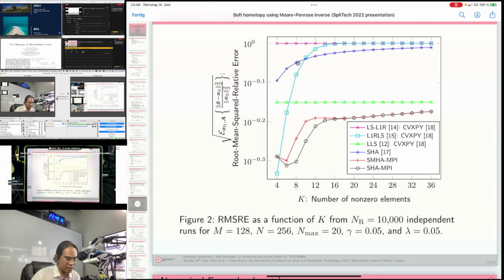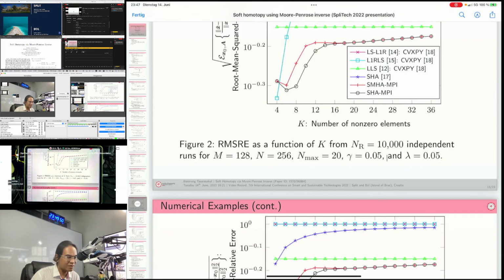Here, the blue one gets lower error, and this is the typical least squares criterion, and here are the L1 regularization methods, LS-L1R and L1-IRLS, in reference 14 and reference 15. Both of these are convex, and can be computed by CVXPY, which is available software. Here we plot it with k, but we change gamma, the shrinking value, from 0.05 to 0.5. We can see that the error from the proposed methods is still lower than that.